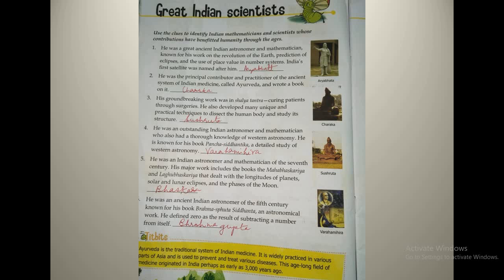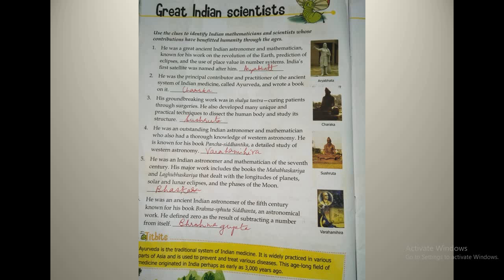He was also an astronomer and a mathematician, and he belonged to the 7th century. He wrote 2 books, Mahabhaskariya and Laghu Bhaskariya, and the topics in the books are longitudes of planets.